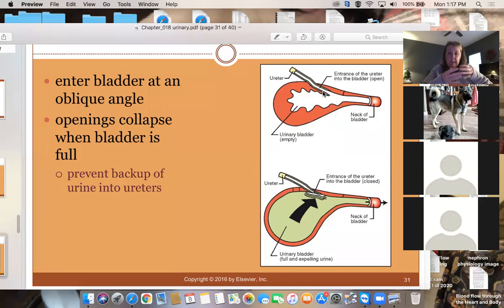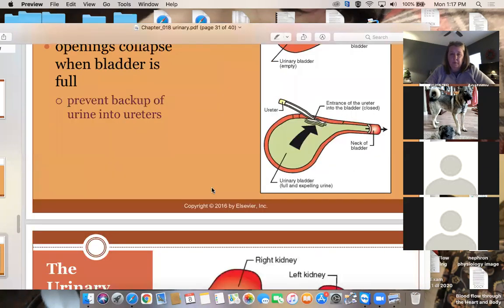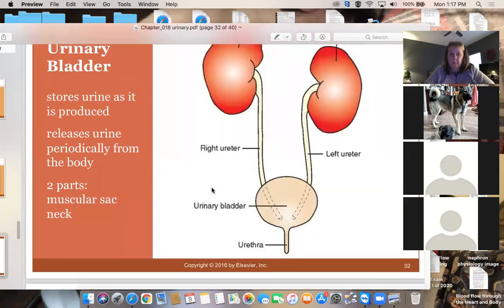And once it's empty again, it's going to allow the rest of that urine to come in. So there is a period of time where the ureters are actually kind of blocked off.